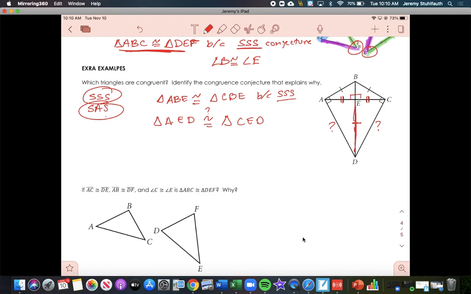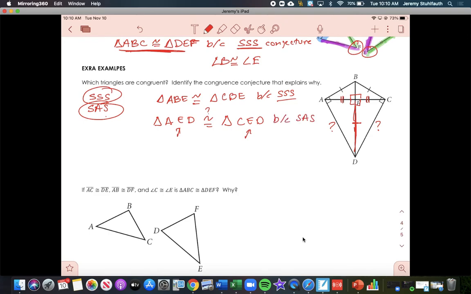this angle is 90 degrees, this angle is 90 degrees, and this angle is 90 degrees. So in triangle AED, angle E is congruent to angle E in this triangle. They're both 90-degree angles. So yes, these 2 triangles are congruent because of side, angle, side.